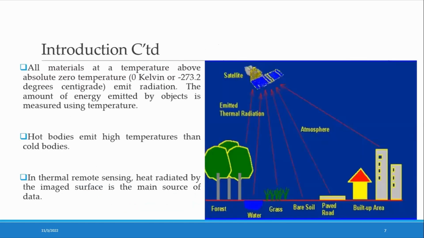With thermal remote sensing, the principle behind it is that every material on the surface of the earth, whether humans, buildings, pavements, trees, or vegetation, everything, as long as it has a temperature above zero, emits radiation. And it is that amount of radiation that determines the temperature of these materials or objects.